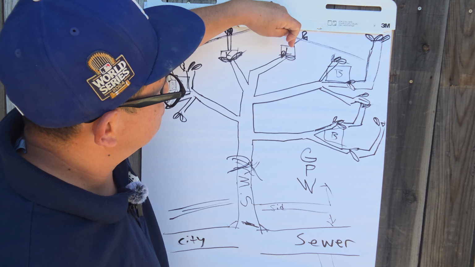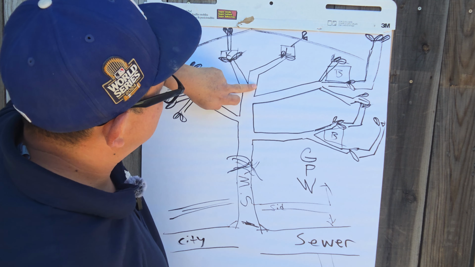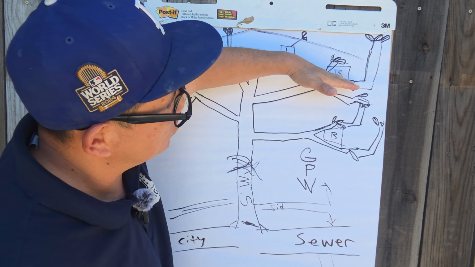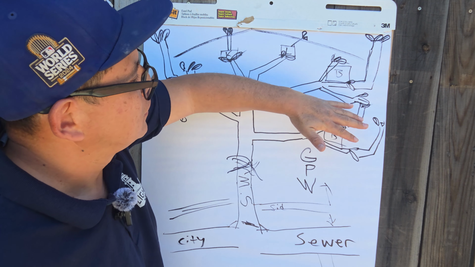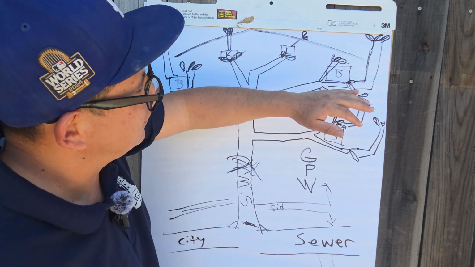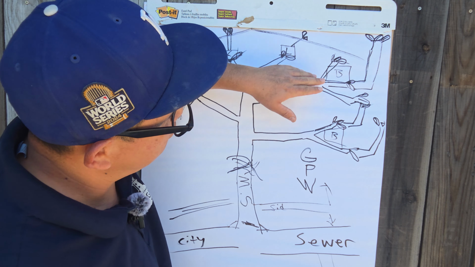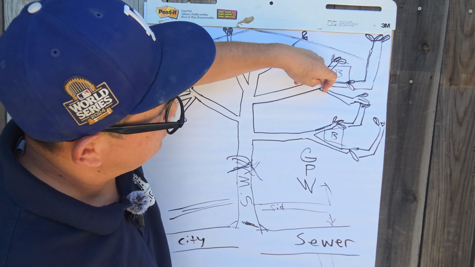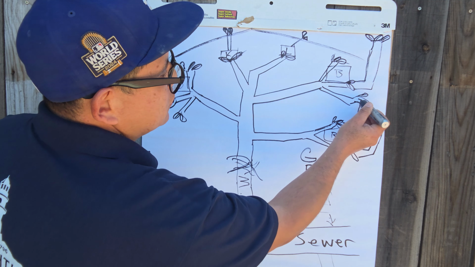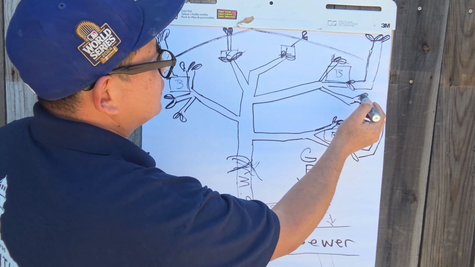If you use your washing machine, it backs up in your kitchen, or it backs up in your toilet, or your shower, which is the lowest point. You're gonna see that your toilet is not flushing well, it's not functioning, but all the sewage is going into this shower right here.